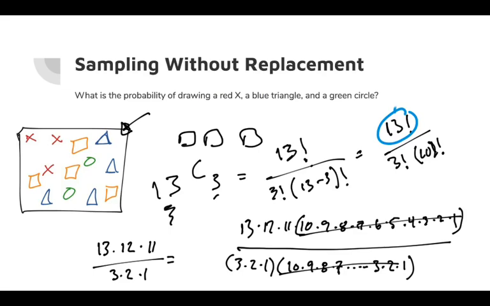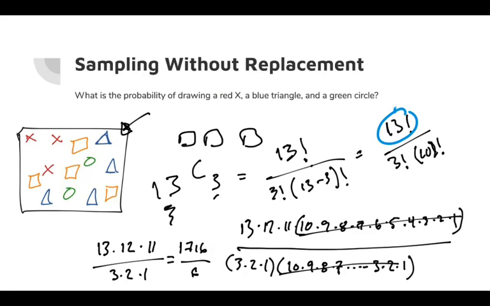So 13 times 12 times 11 gives me 1,716 divided by 3 times 2 times 1, which is 6. Now divide those numbers, so I have 1716 divided by 6 equals 286.